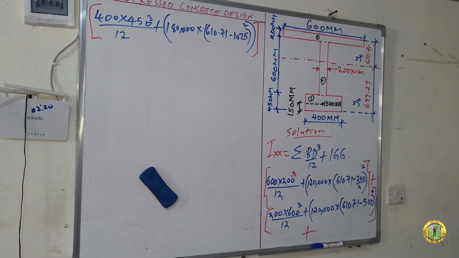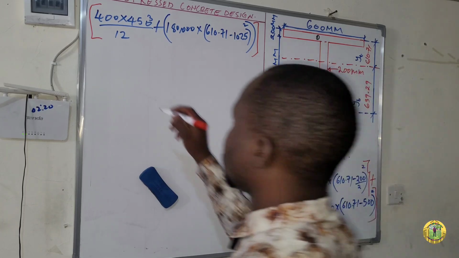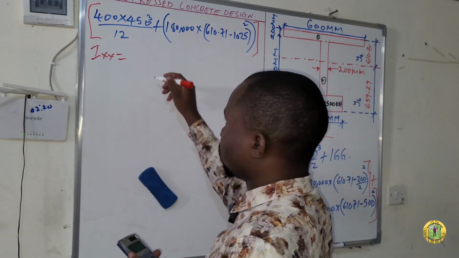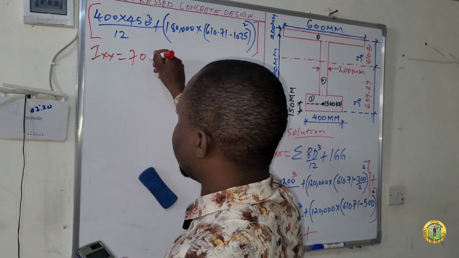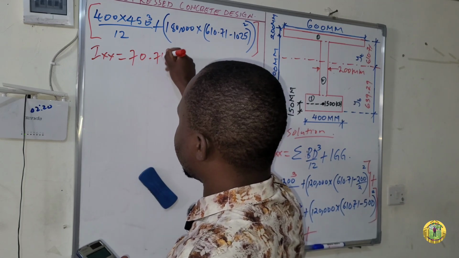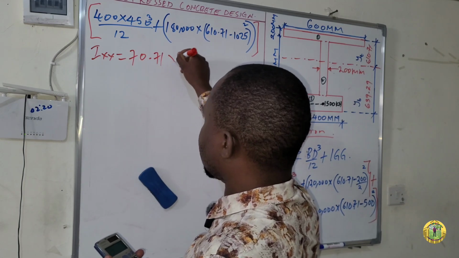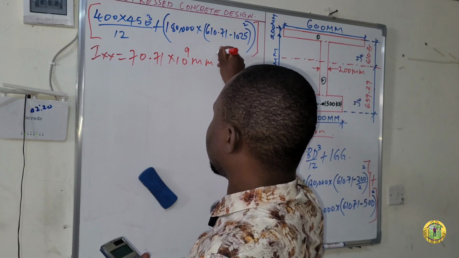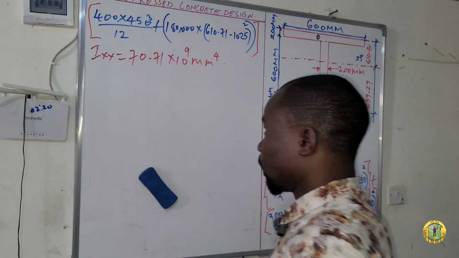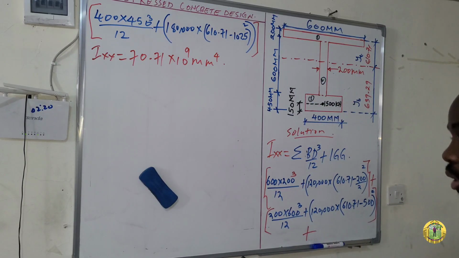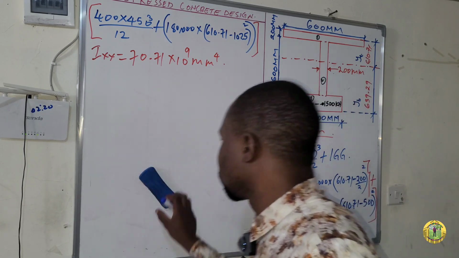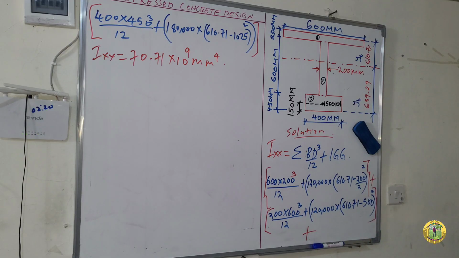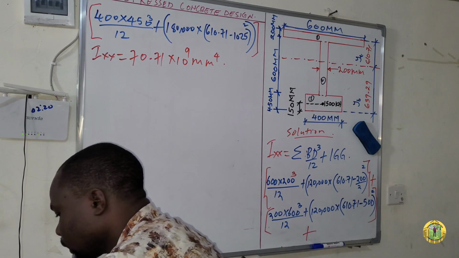So Ixx is equal to 70.71 times 10 to the power 9 millimeter to power of 4. After calculating Ixx, we now proceed to what we call section modulus.